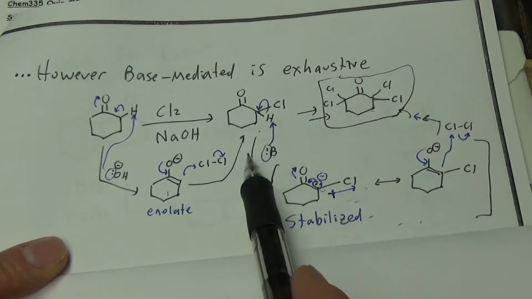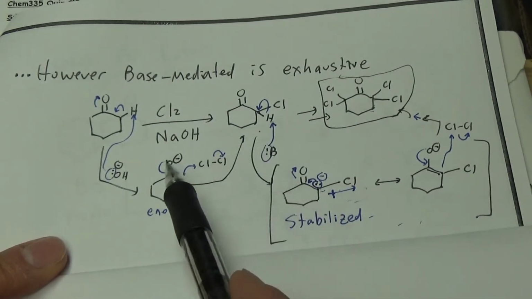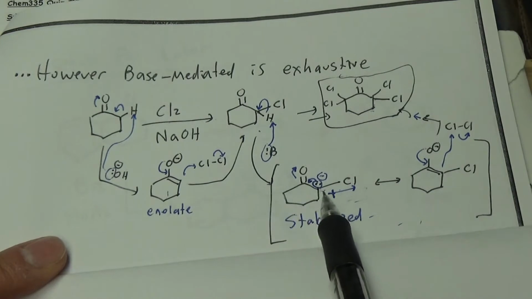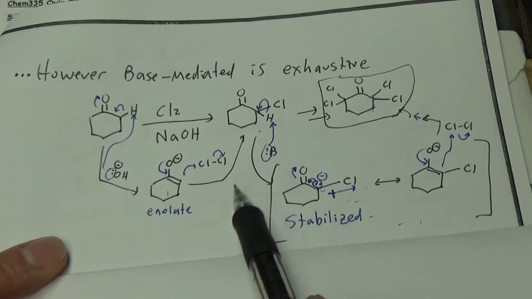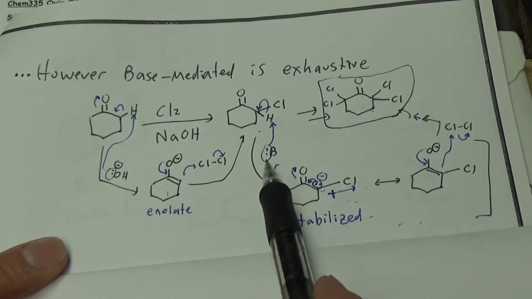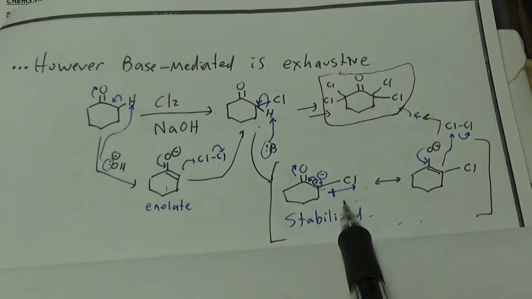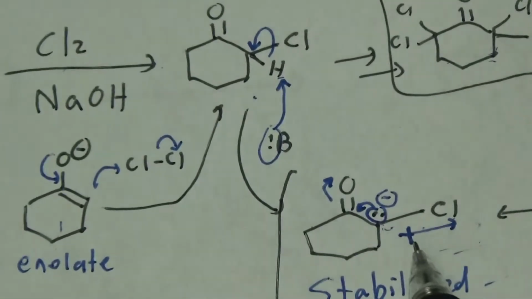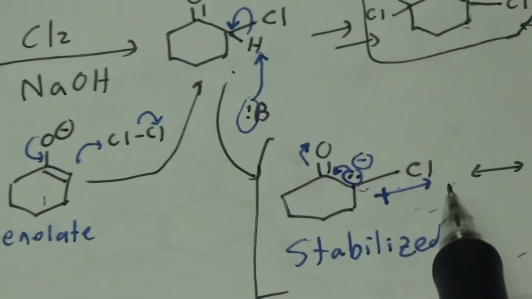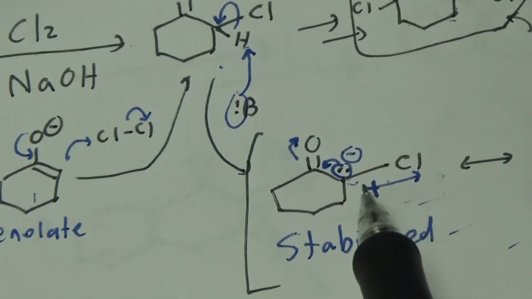The main thing is that when we use base and then a chlorine gets incorporated, and then it takes off a second proton, this intermediate is kind of stabilized because you have a negative charge next to the chlorine.